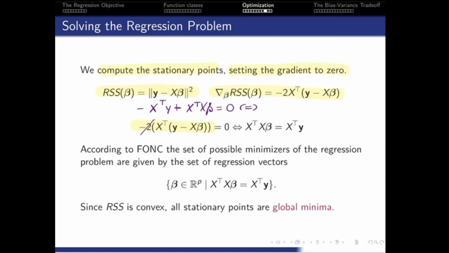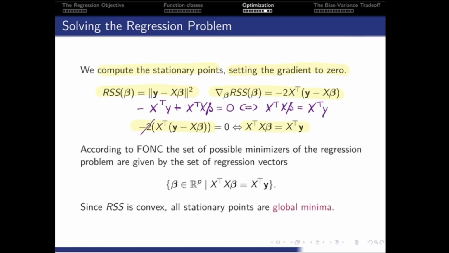Then we add X transpose times y, and then we have X transpose times X beta is equal to X transpose times y, right? And this is what is standing here. Now we don't really know how to proceed any further, right?